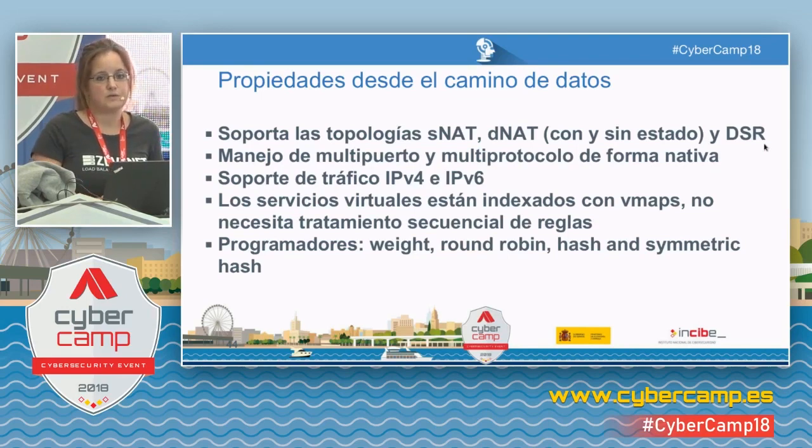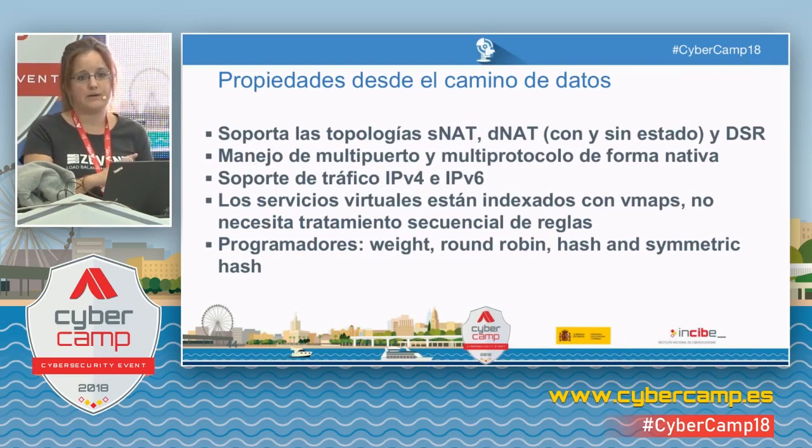On NFT, we can work on Ingress, so that's super fast. Managing multi-ports and multi-protocols happens natively. Here, support for IPv4 and IPv6, where virtual services are indexed with VMAPs.